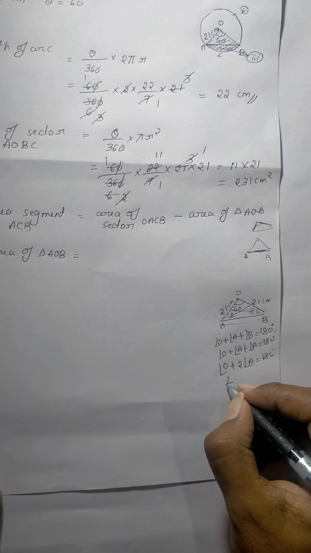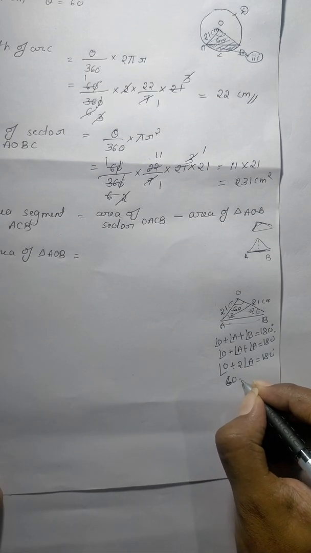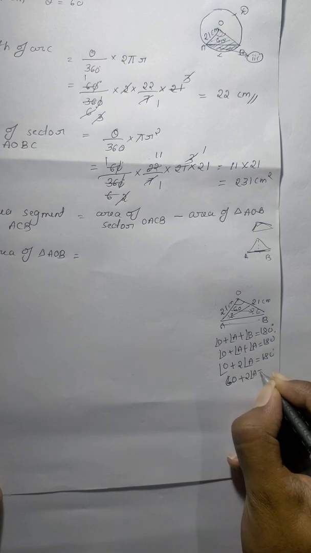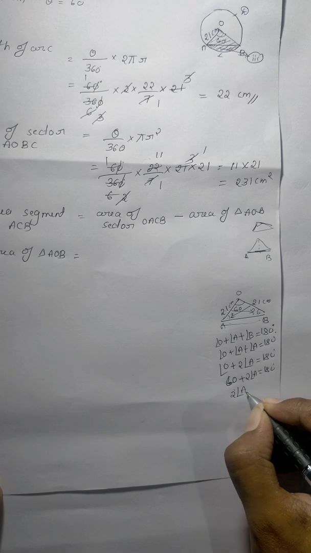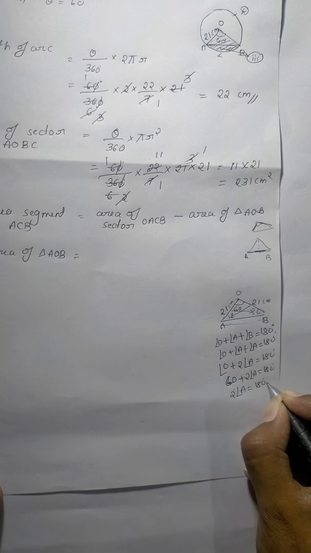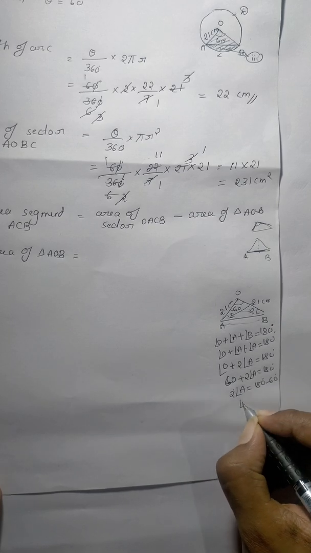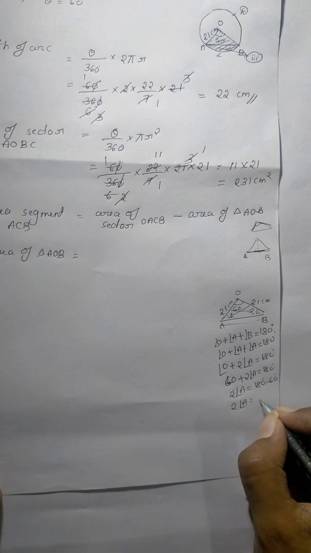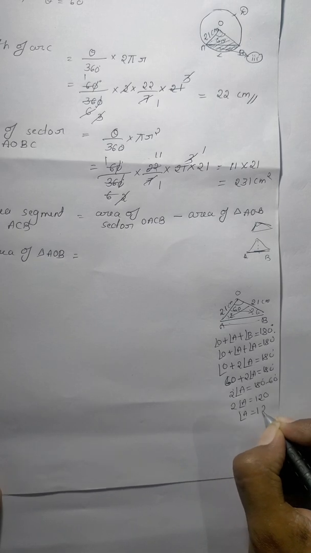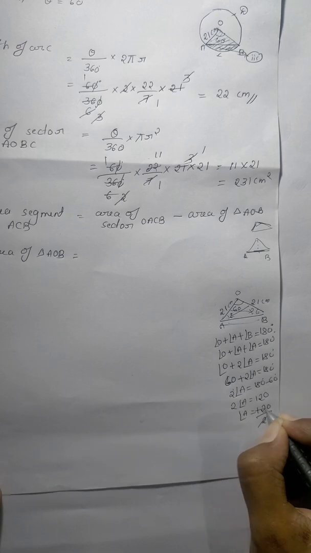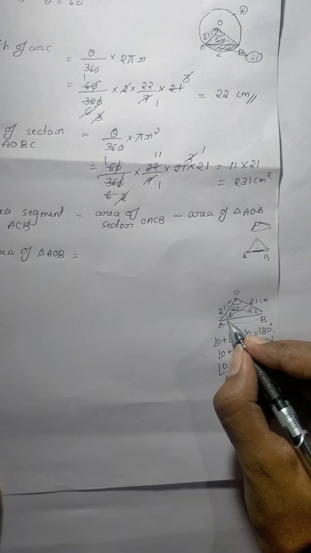Angle O is 60 degree, so 60 degree plus 2 angle A is 180 degree. Taking 60 to the other side, 2 angle A is equal to 180 minus 60, which is 120. Angle A is equal to 120 divided by 2, which is 60. So angle A is 60 degree.